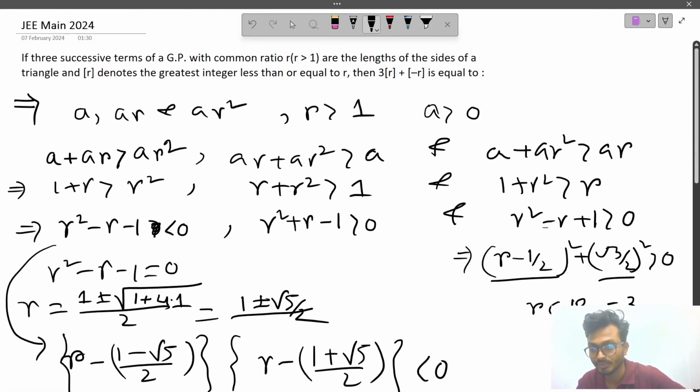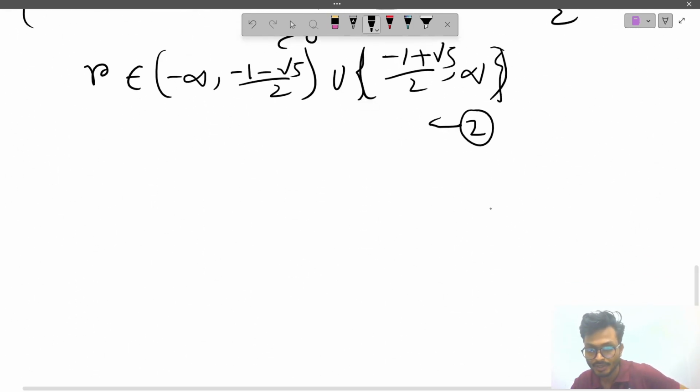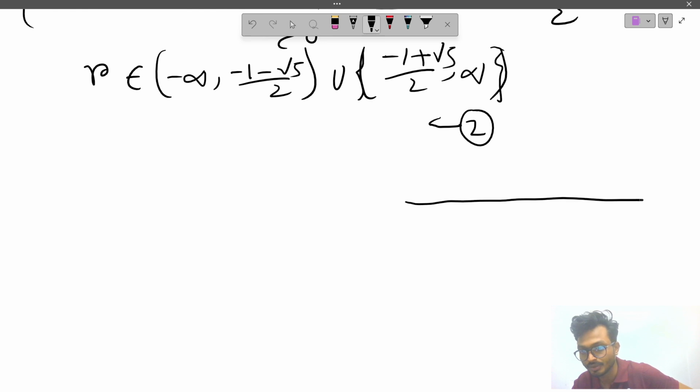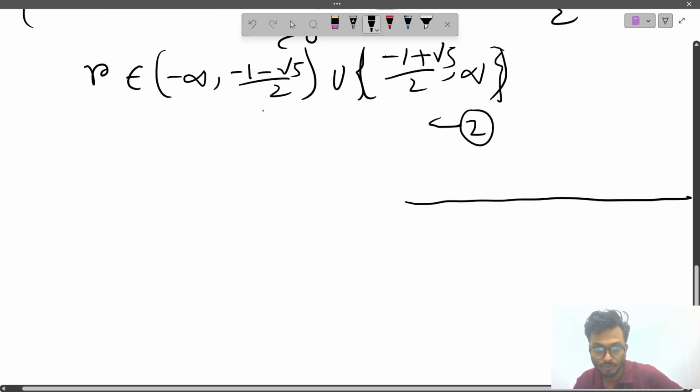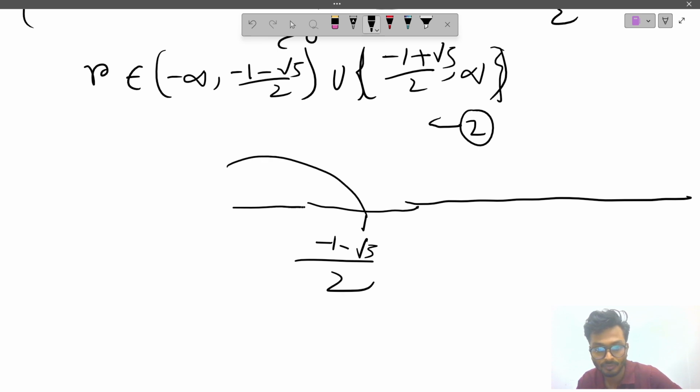Right? So if we draw it on the real line, for the third inequality this is the whole real line, right? For the second, what will be the region? Suppose this is (-1 - √5)/2, so the left side of this is the region, and suppose this is (-1 + √5)/2, and this region.